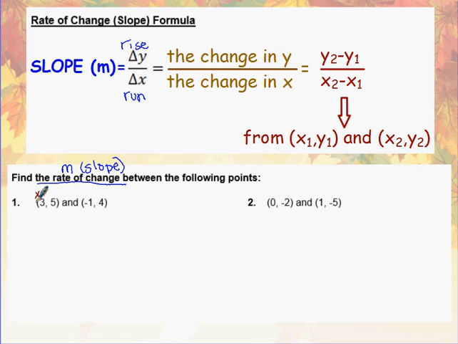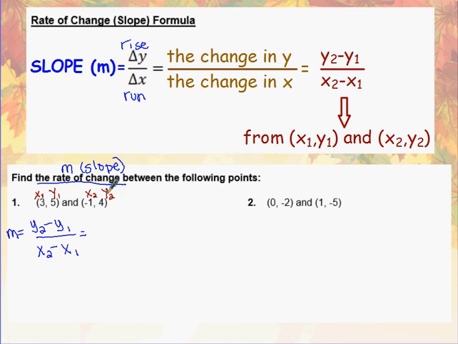So I'm going to go ahead and name this one x1, y1 for my first point, and x2, y2 for my second point. Okay, to find the rate of change, I use the formula y2 minus y1 over x2 minus x1.